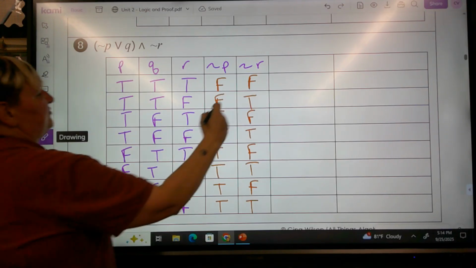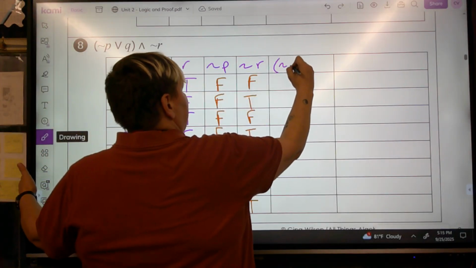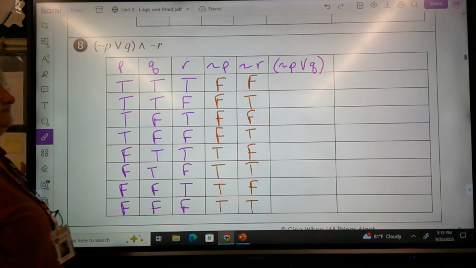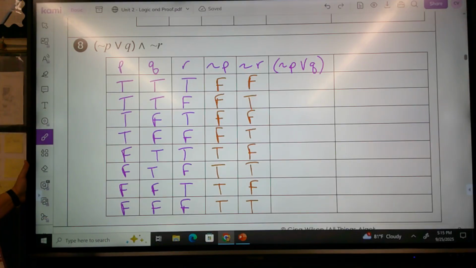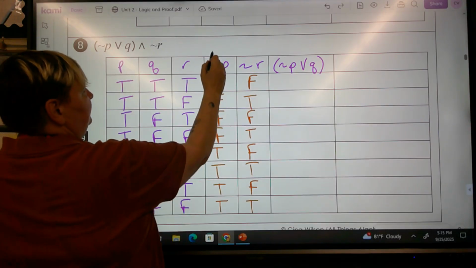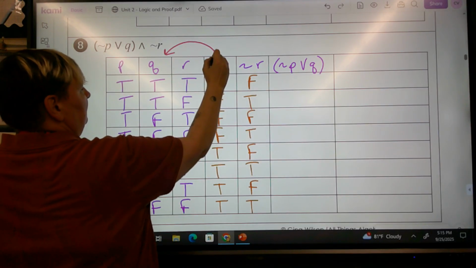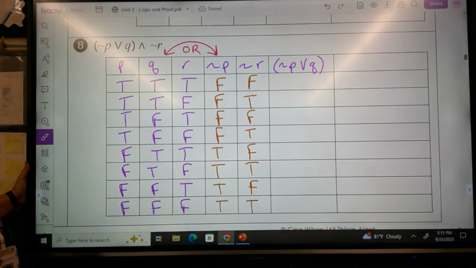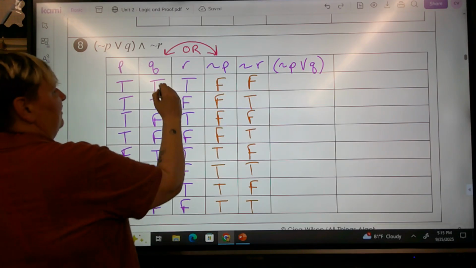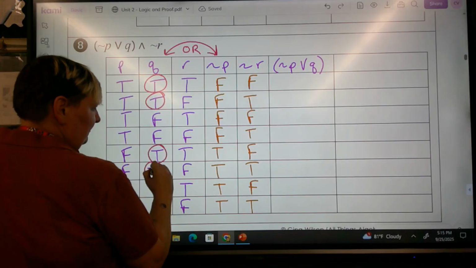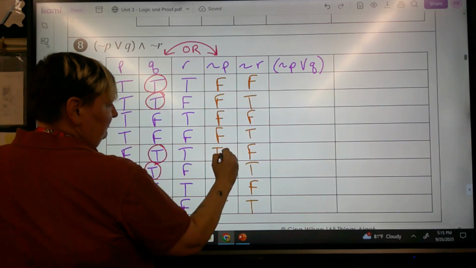Alright, inside the parentheses we have not P or Q. So we're looking at not P or Q. One of them has to be true. Let's circle all of our truths. And then we're looking at this column.